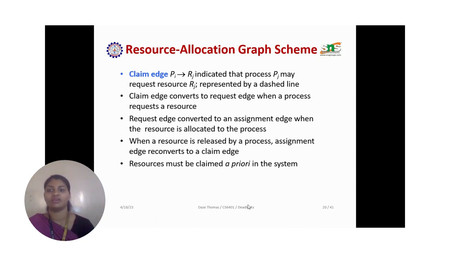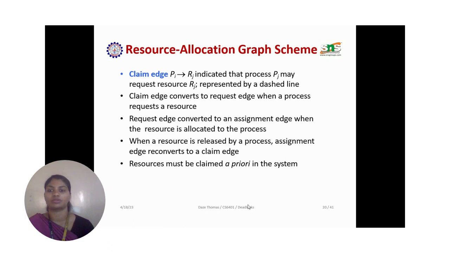In the resource allocation graph scheme, we have an additional edge called a claim edge, which is a directed edge from a process to a resource, indicating that process Pi may request a resource Rj, represented by a dashed or dotted line.